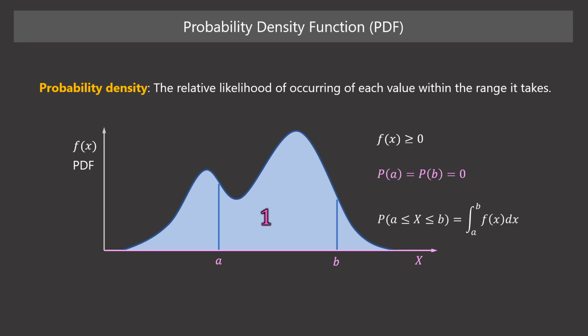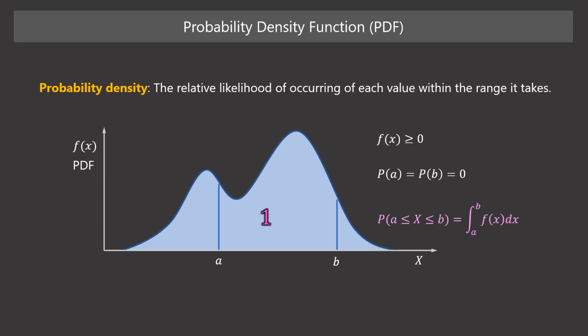Since the horizontal axis is a continuous variable, the probability of any particular value is 0. In a probability density function, the probability of any particular value is 0. So, a probability is calculated for an interval instead of a particular value.